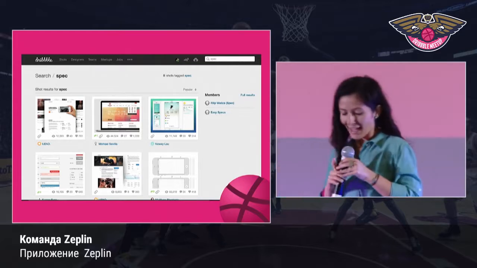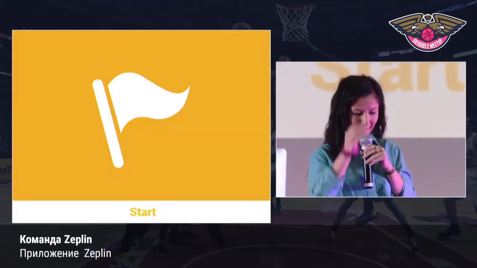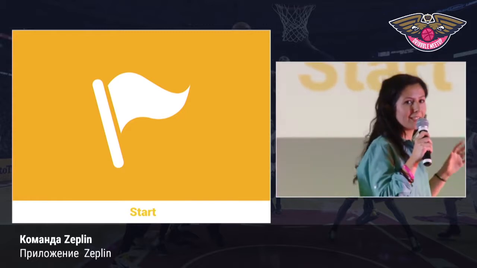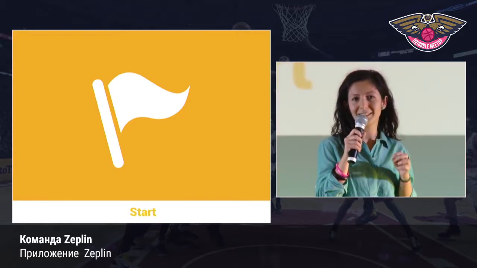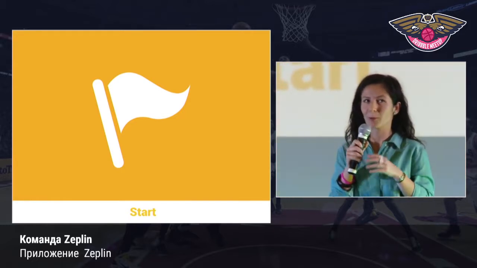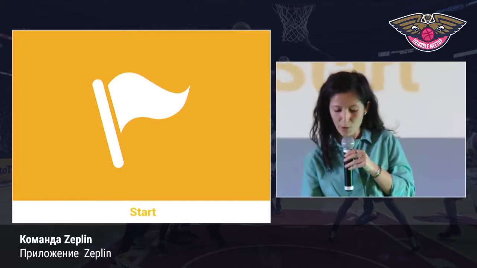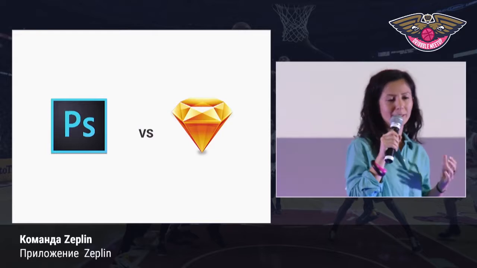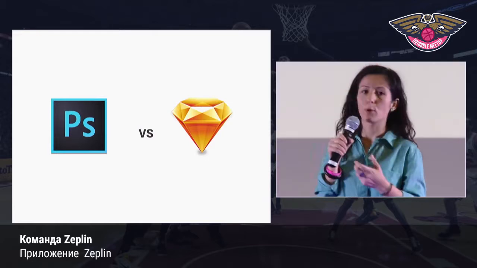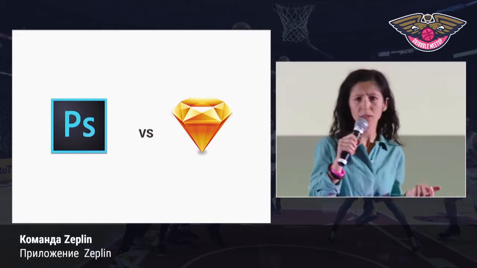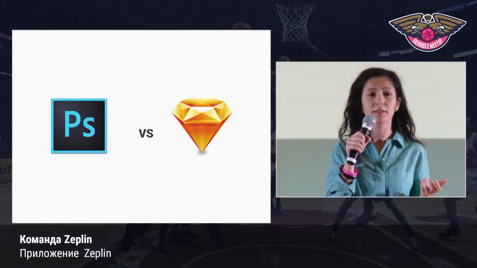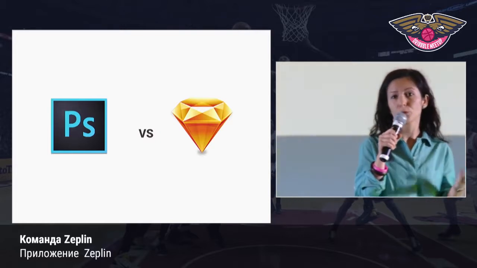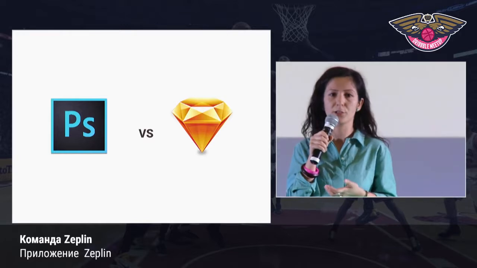Then we started. But here was a really important decision we needed to make: should we support Photoshop or Sketch? A lot of people suggested we support Photoshop first, because you can find 100 Photoshop users for a single Sketch user.